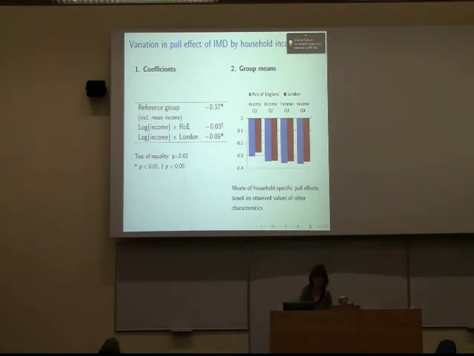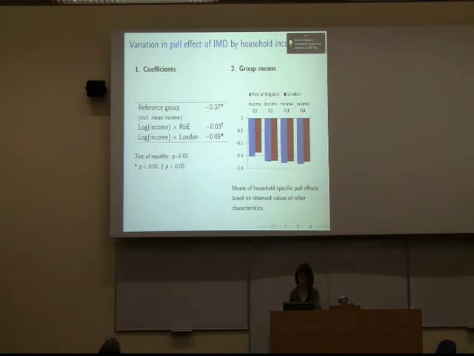Okay, and a particularly strong effect in London, so a well-off Londoner is more sensitive to deprivation when they're relocating than a well-off person living outside of London. That's the idea. And that difference between London and outside London in this income effect is significant. That's what this test of equality is here. Right, so there's a significant difference.